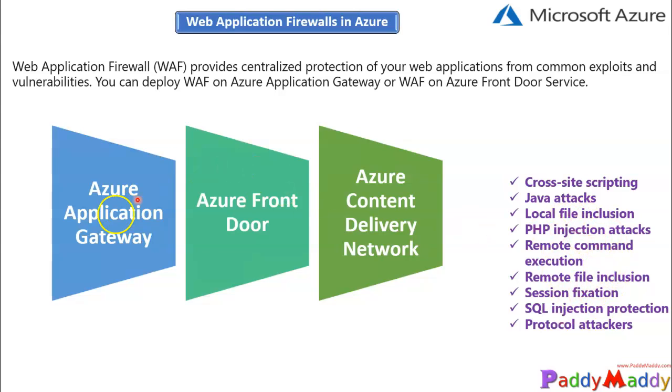You can get it for your application gateway or for your Front Door or maybe for CDN networks. So we will go through each of these features with respect to WAF, how we can configure it on Azure Application Gateway, Front Door, and also for the CDNs, and how it's going to protect. All that we will be learning within this lecture, followed by a demo.